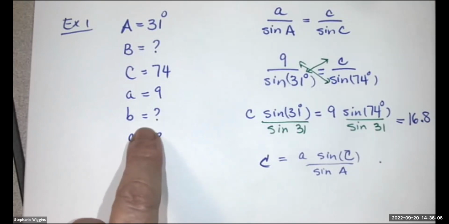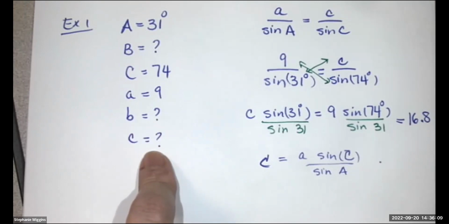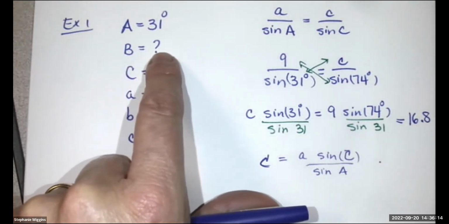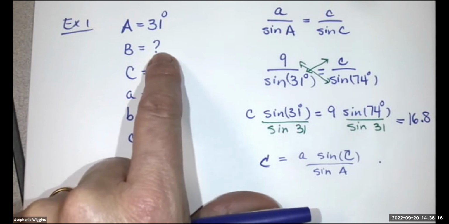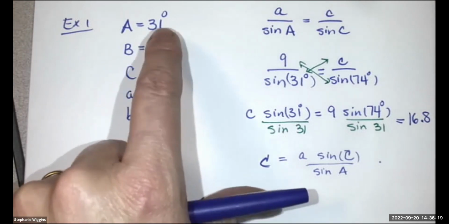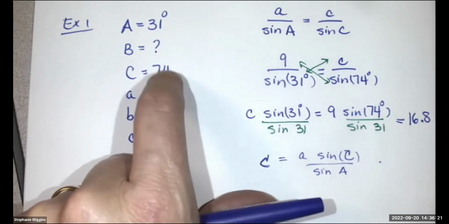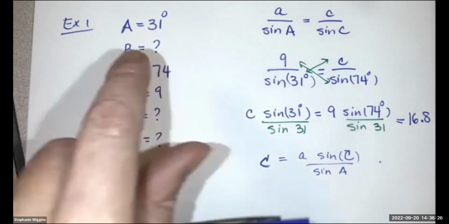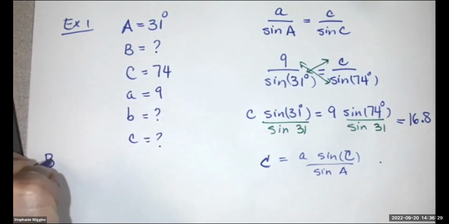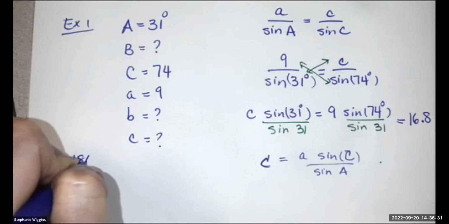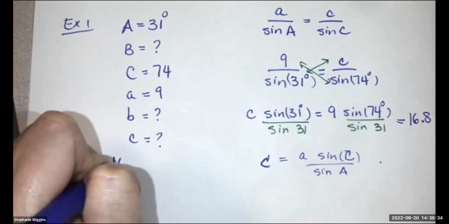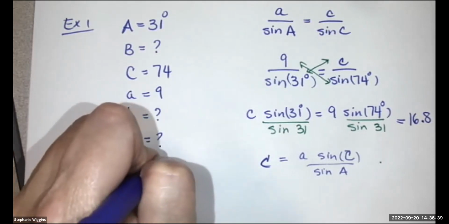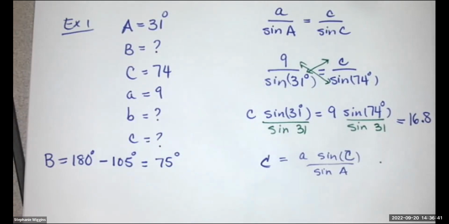We're just going to do the same sort of thing, but in order to solve for little b, we need to know this angle first. We can find that by taking 180 and subtracting 105, because 31 plus 74 is 105. So capital B is 180 minus 105 in degrees, and that's going to be 75 degrees.